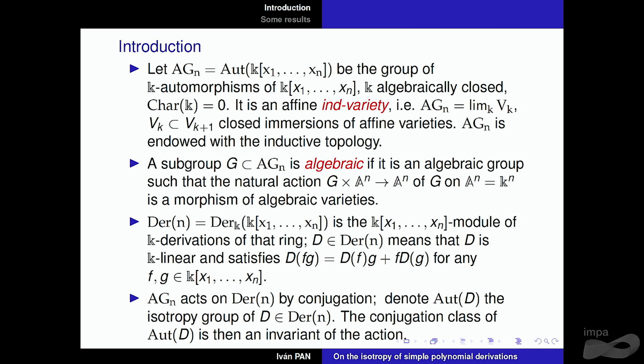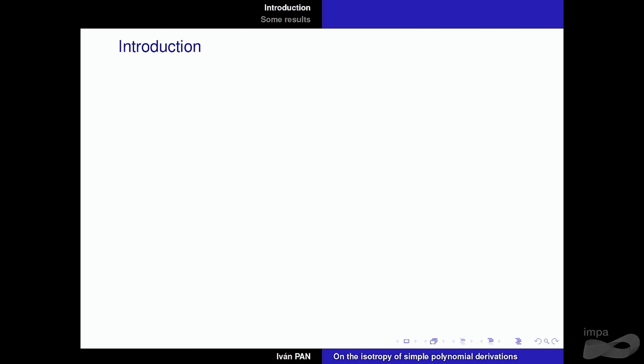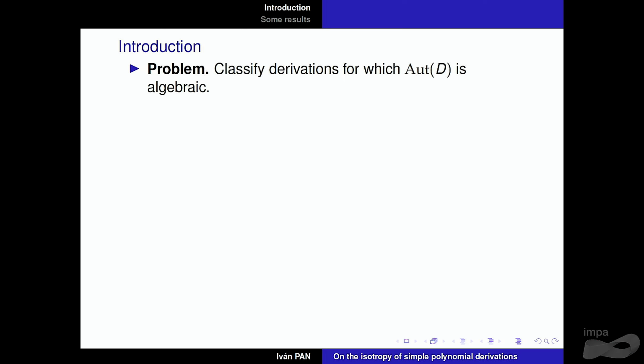Then we may set a general problem, which is the following: classify derivations for which the isotropy, or the automorphism group of the derivation, as one says also, is algebraic in the sense before.